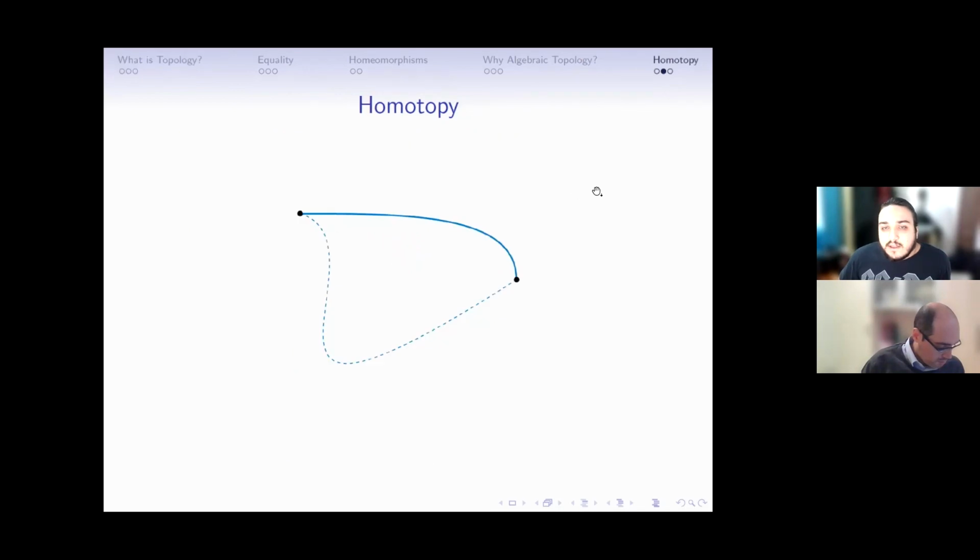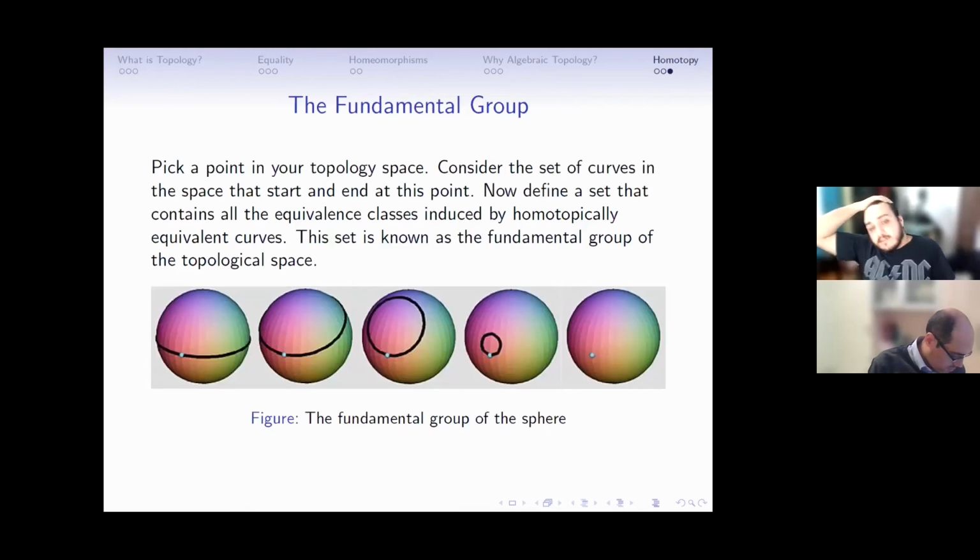So yeah, that's more or less what homotopy is. And then this leads to something known as the fundamental group of a topological space. So pick a point in your space, right? Start at that point and consider all of the possible curves that start and end at that point on your space. For an example here, we've got the sphere, where you can see a couple of different examples of curves that start and end at that point.